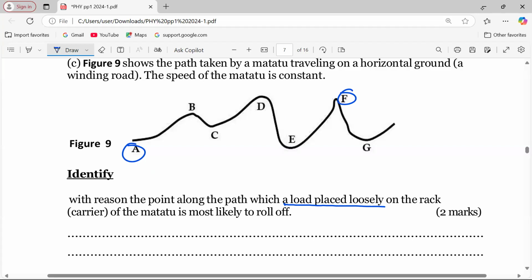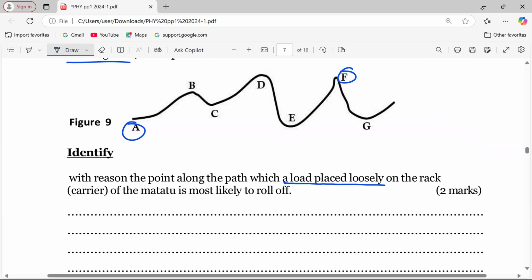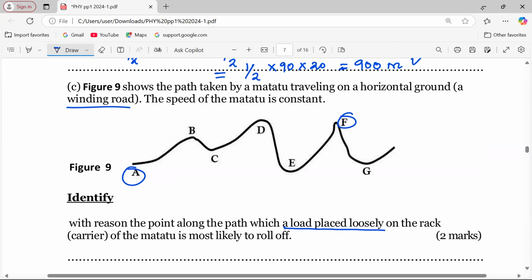It's good for you to know that as the vehicle moves along this particular road, which is a winding road, it has to negotiate a few corners, because on a hill you can't just go straight upwards. Now, you're supposed to know that this is a circular path to some extent because it is negotiating corners.